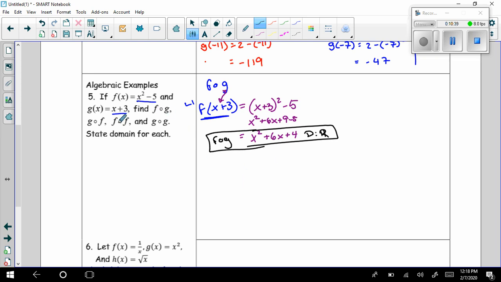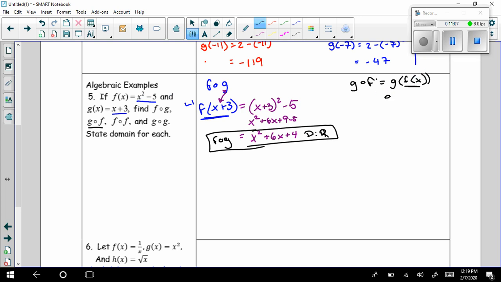So let's look then at g of f. There's a difference between multiplying and composing, right? And the order of those matters. And so here we're taking g of f of x, which means we're taking our f of x function and plugging it right here.